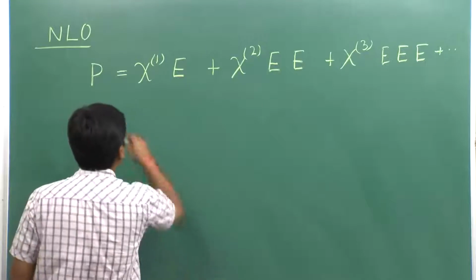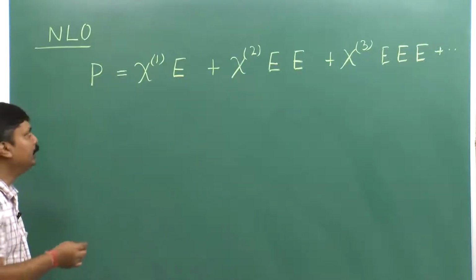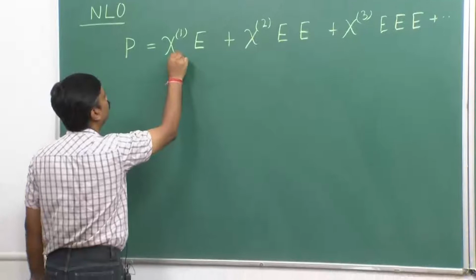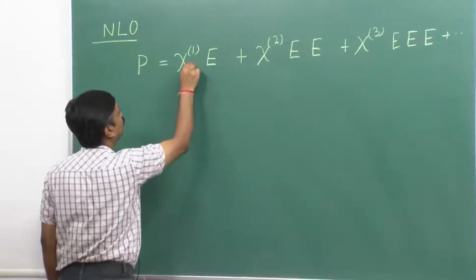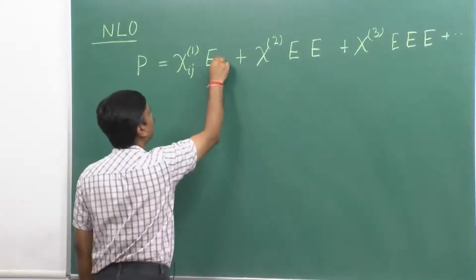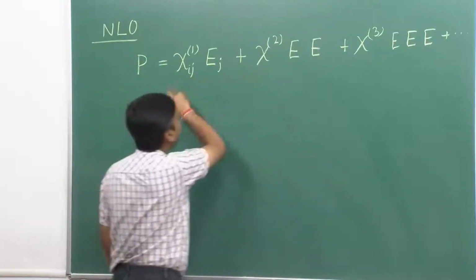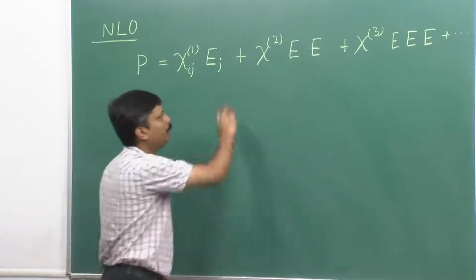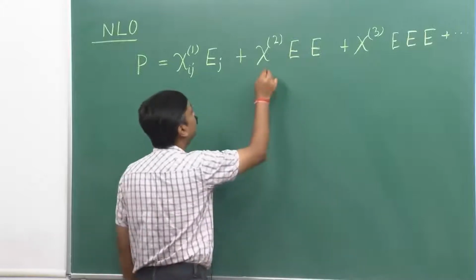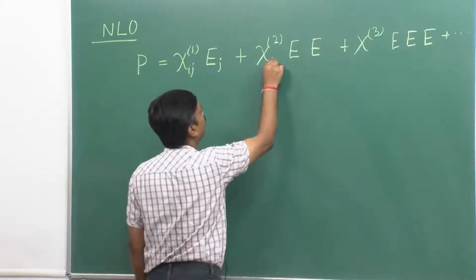So the proper way to write this expression is the following, and remember that P and E are vectors. I am not writing the arrows, but you should remember that.